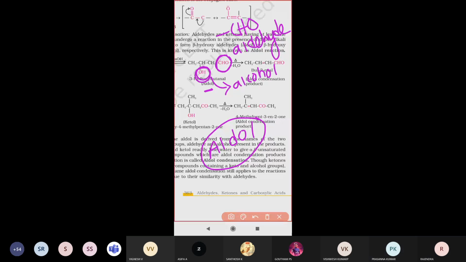Alcohol. So the name aldol represents two names. One is aldehyde, ALD, and alcohol, OL. Both are present, that means two functional groups are present in that compound.